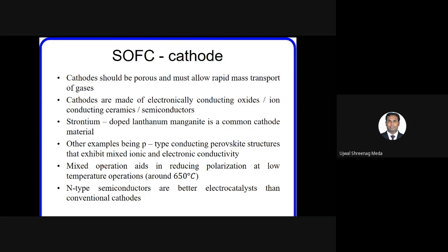Other variants or examples are p-type conducting materials, especially perovskite materials, which have the ability to exhibit ionic as well as electronic conductivity. This will further help in bringing down the losses due to resistance, that is ohmic losses.